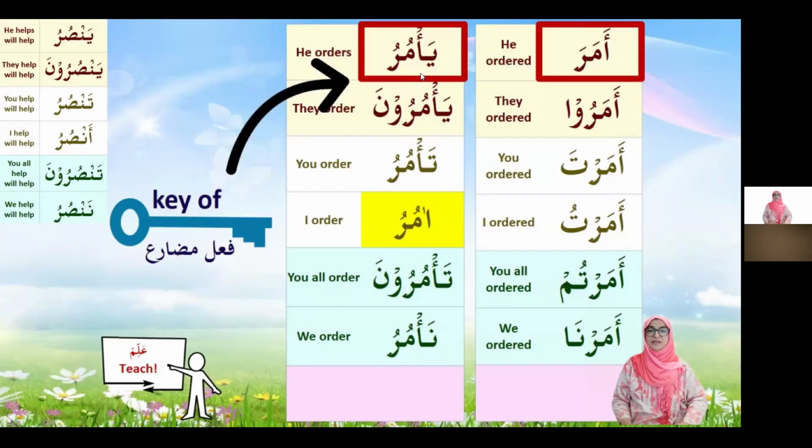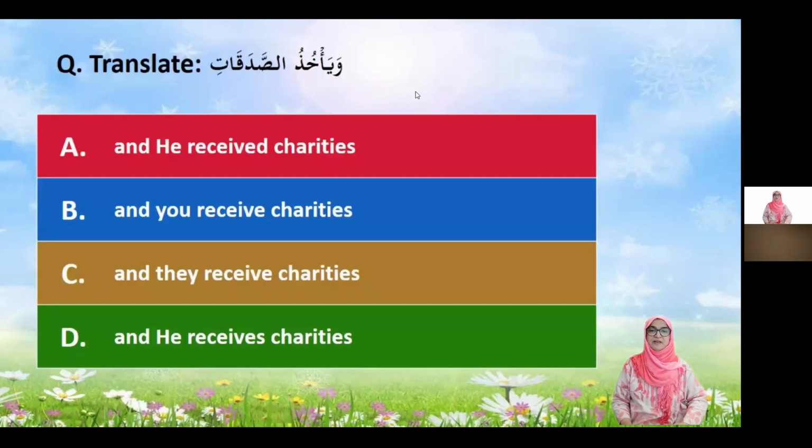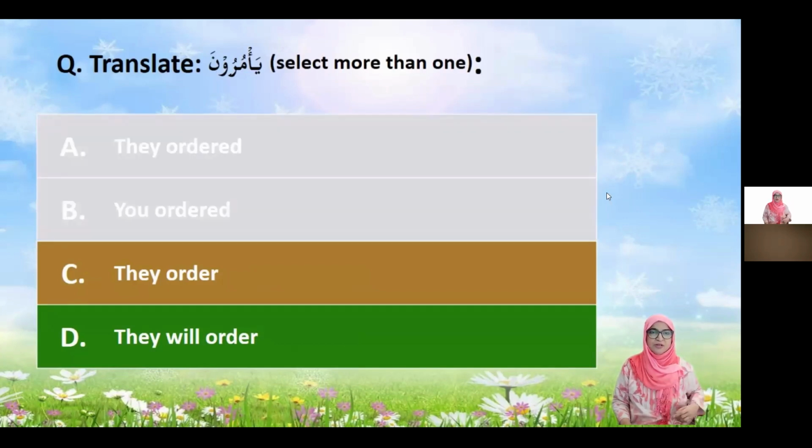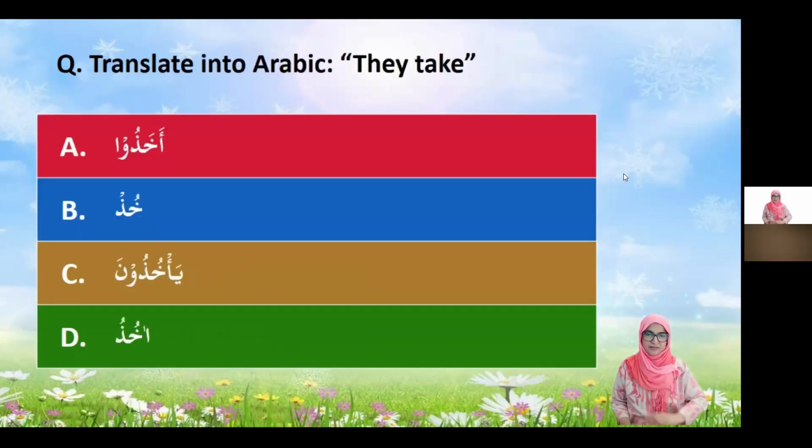See, يأخذ، يأمر. He orders, he receives. It's a فعل مضارع. Okay, you got it? All right. يأمرون. Translate. They order, or they will order. Yeah, both are the فعل مضارع.